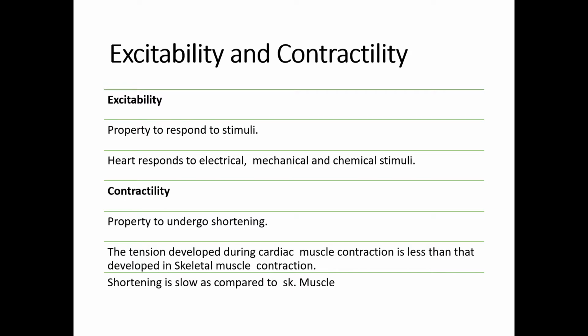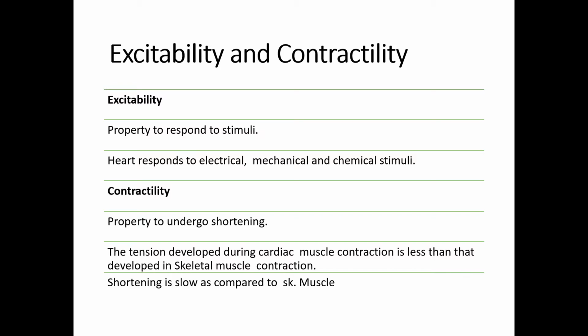So this muscle has excitability like all other types of muscles, and will respond whenever there is a stimulus. This stimulus can be electrical, mechanical or chemical, or the effect of drugs, chemicals, poison or anything else that affects the excitability or contractility of the cardiac muscle.